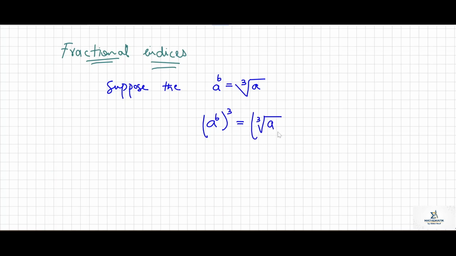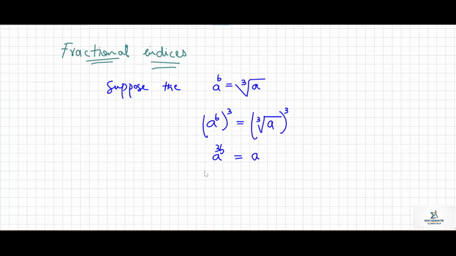When we do the cube, this 3 will get cancelled. So a raised to 3b is equal to a. Oh, sorry, it's just a.